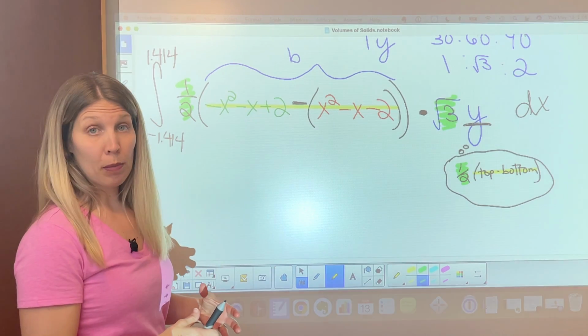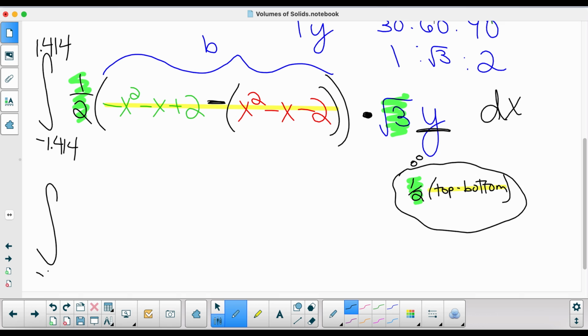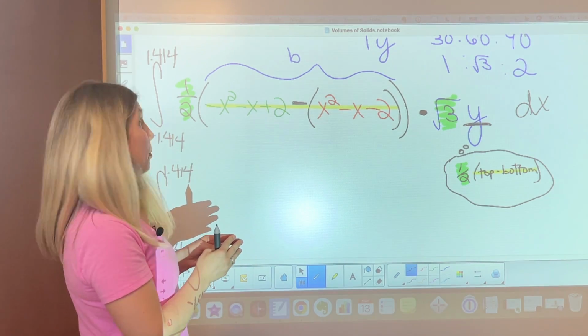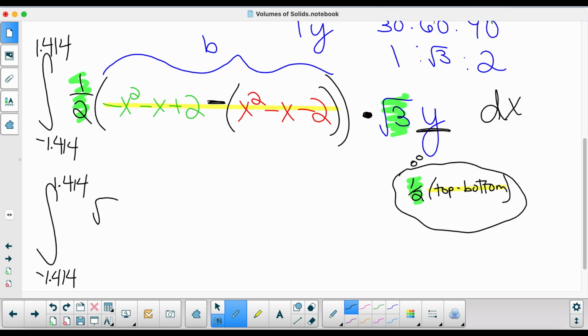Since they're all connected by multiplication, I can do that. So we'll rewrite the integral, negative 1.414. I'm multiplying together the highlighted green pieces. So 1/2 times 1/2 is 1/4 with the square root of 3 on top.